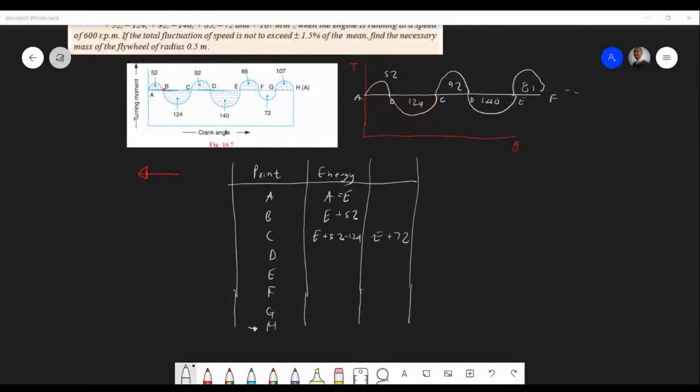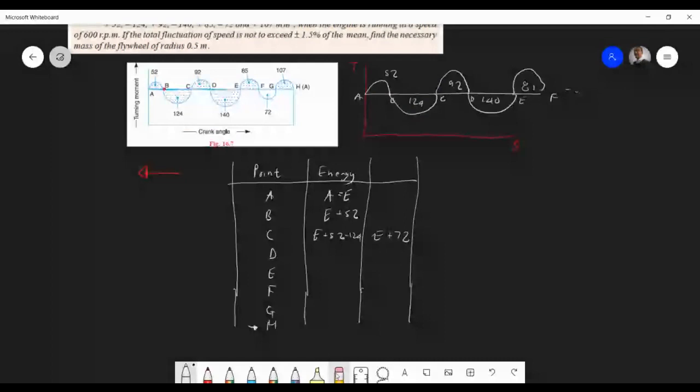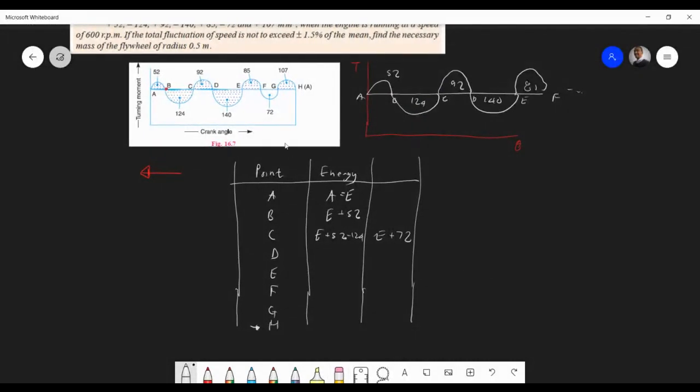And then at D, we have E minus 72, and at D we have got a plus 92 now, right? Simple. And if you tally that up, you should get E plus 20. So far, it seems like C has the maximum amount of energy.